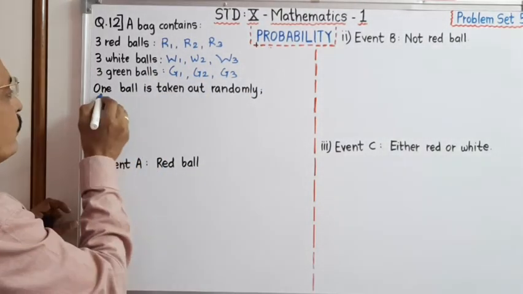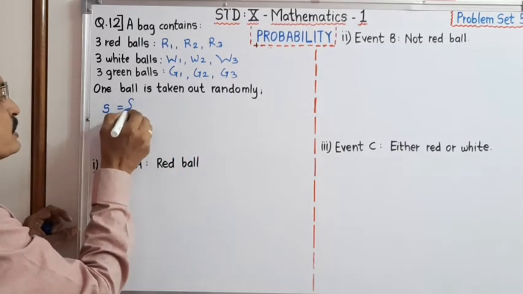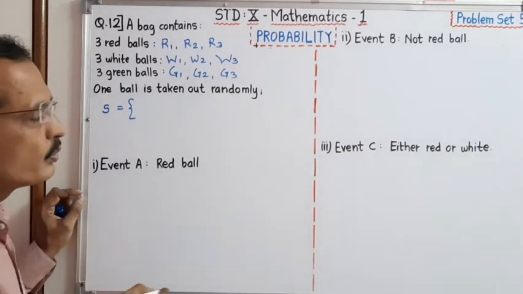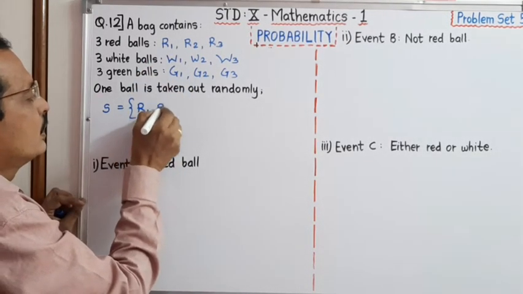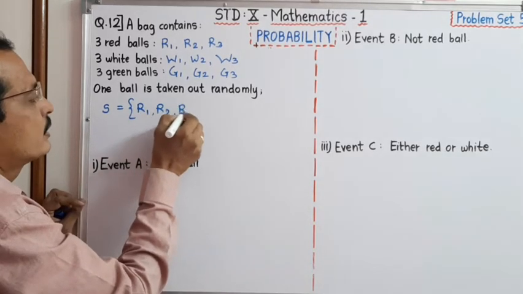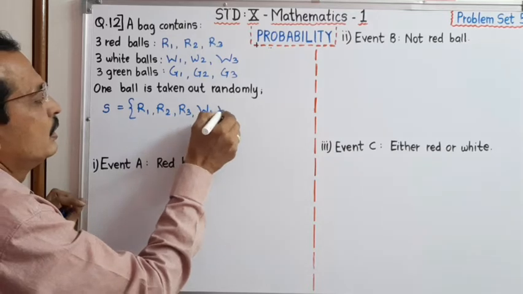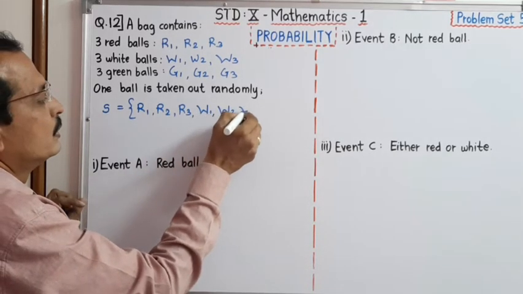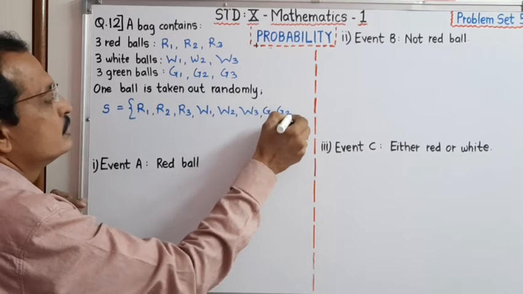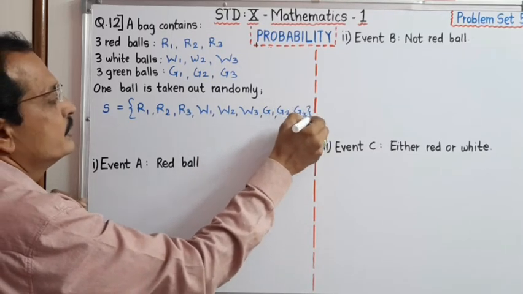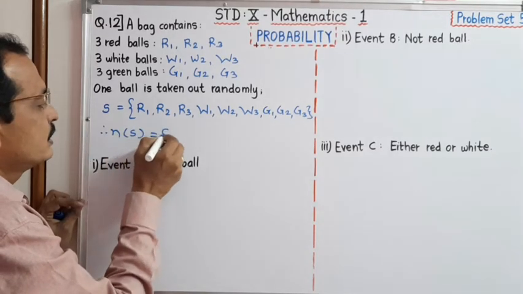Now, if 1 ball is taken out randomly, what is the sample space for this? Here, the ball may be R1, R2, R3, then W1, W2, W3, G1, G2, G3. Therefore, the number of elements in the sample space is 9.